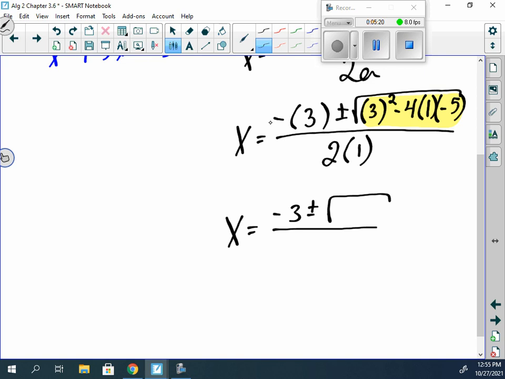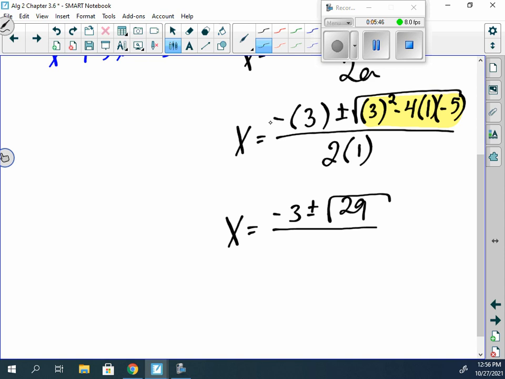So we can type in the calculator, parentheses 3, close parentheses squared, minus 4 times 1 times negative 5, and hit enter. Can we get what? Just a little bit, I can't hear you. We get 29. Because 3 squared minus 4 times 1 times negative 5 is 29.